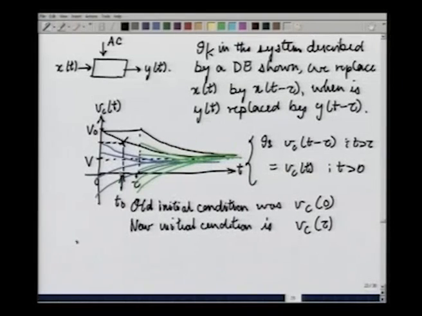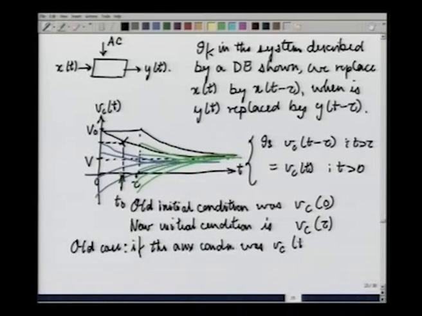So, for the old case, if the auxiliary condition was Vc at t0 instead of Vc of 0, what should it be in the new case?